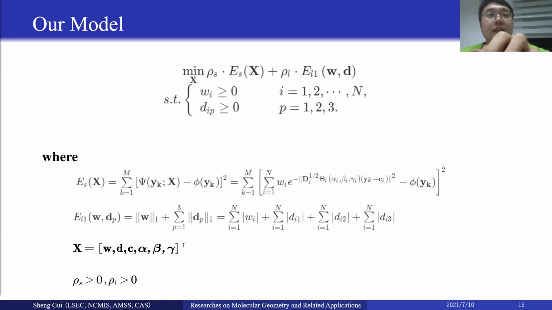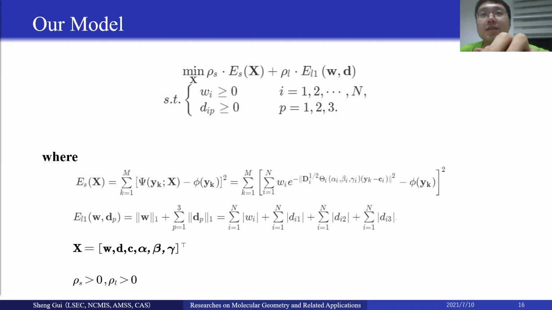And the second term, EL1, is an L1 regularization term to reduce both network complexity and overfitting. The formula is as follows, EL1, and X is the network parameters.